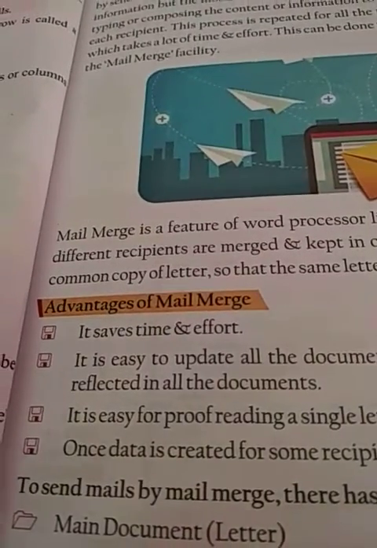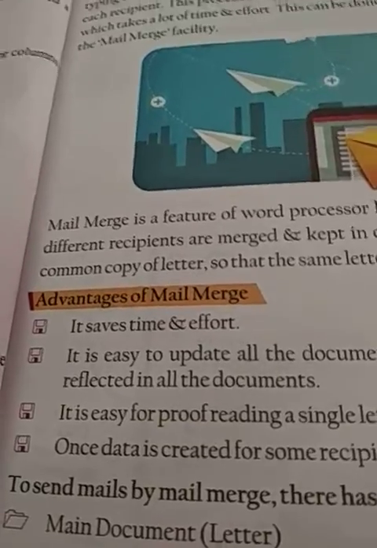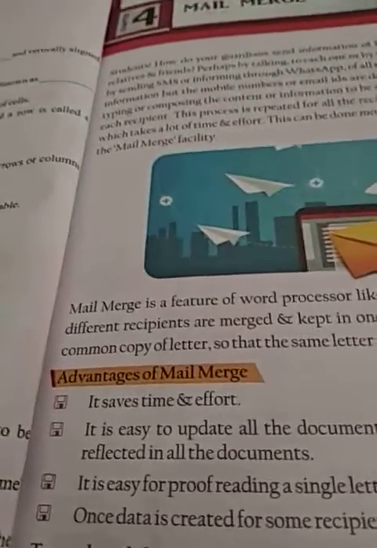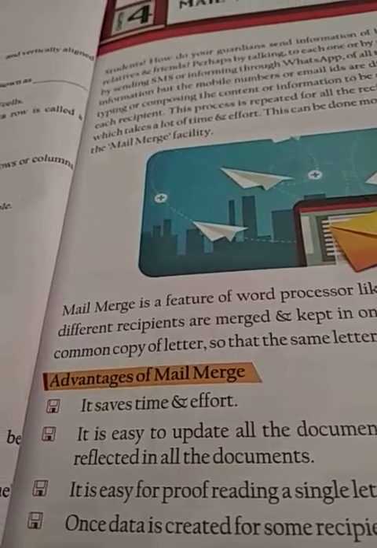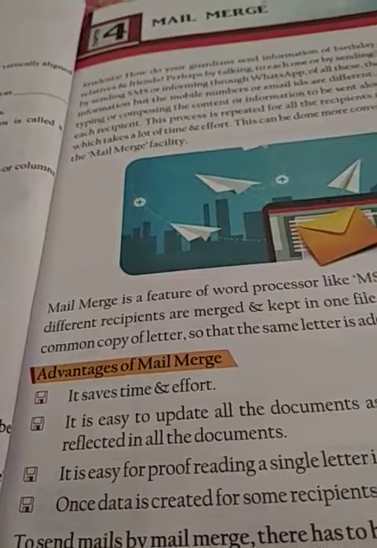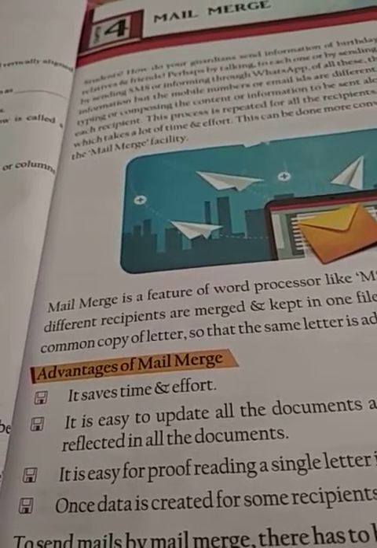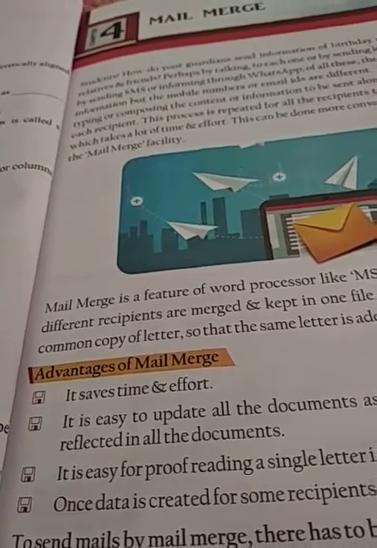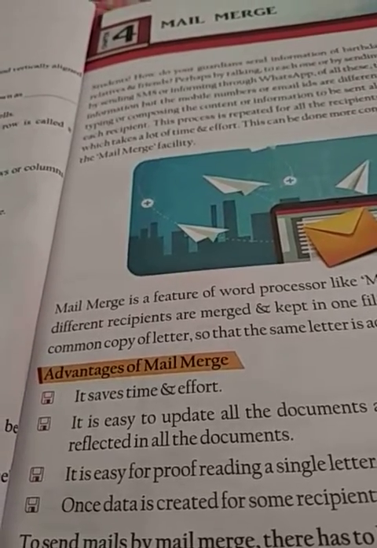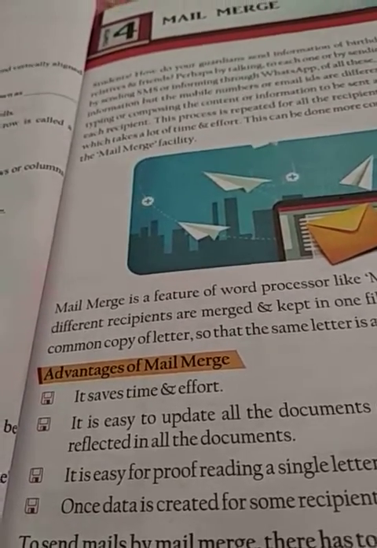So it is easy for proofreading a single letter, that is, the main document. Now you understand what proofreading is. When you write a letter, you go through it to check whether it is correct or not, whether I have made some mistake or not. That is called proofreading.